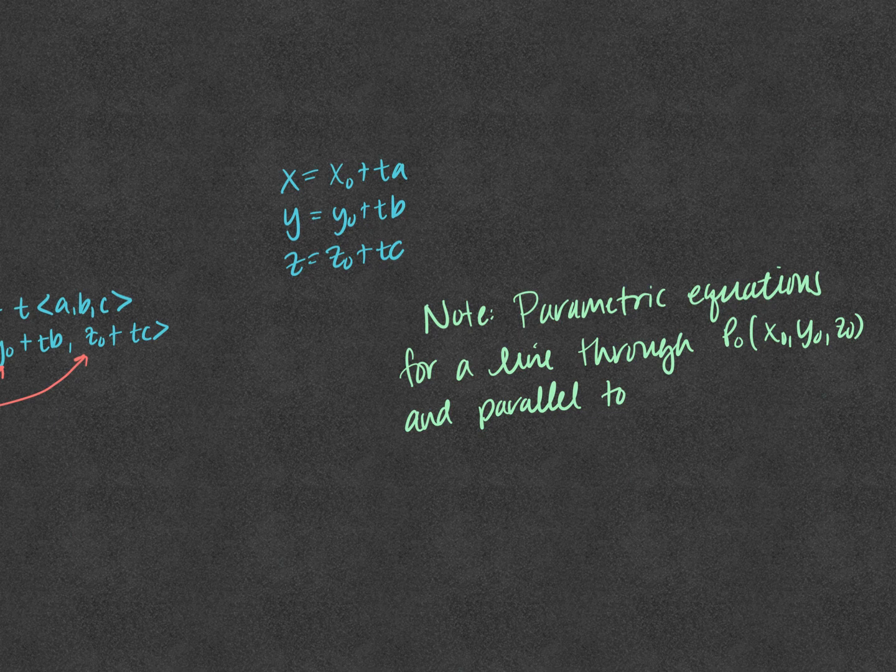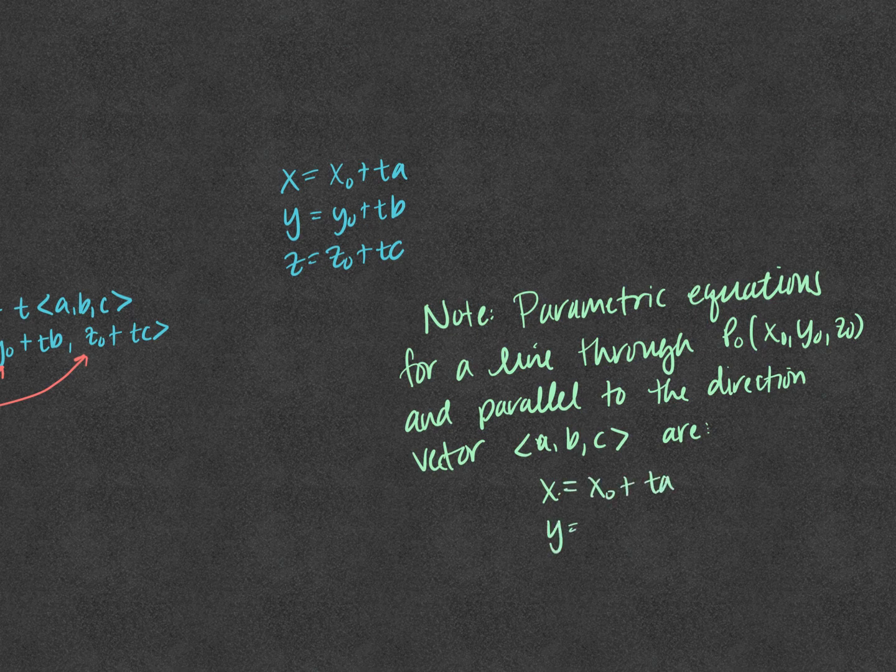We should probably label it the direction vector. A, B, C are x equals x sub o plus ta, y equals y sub o plus tb, and z equals z sub o plus tc. So that gives us our three parametric equations.